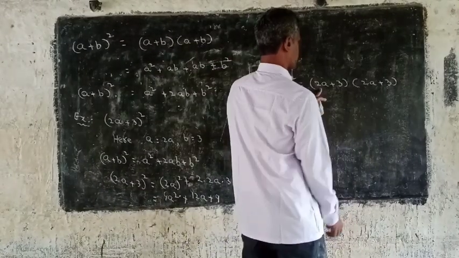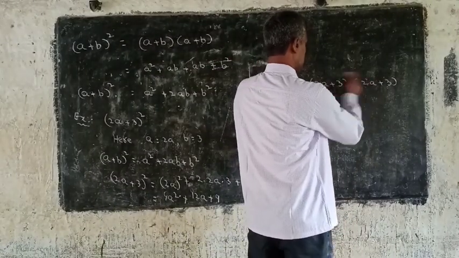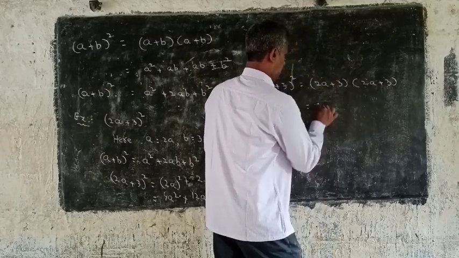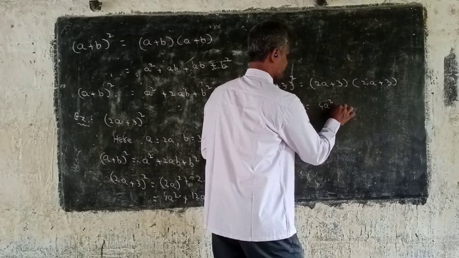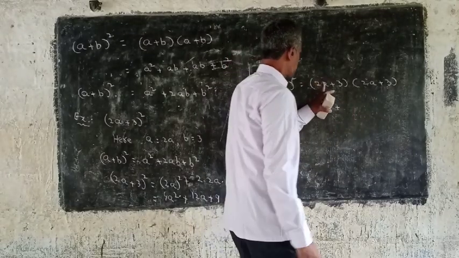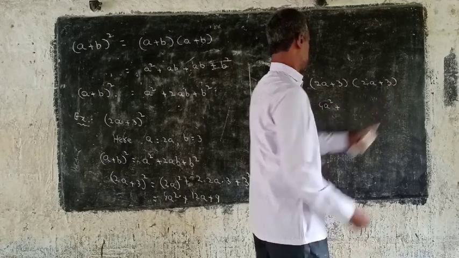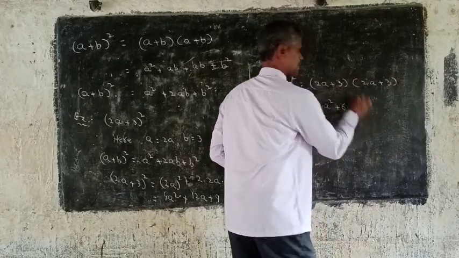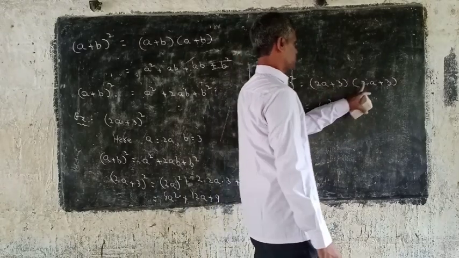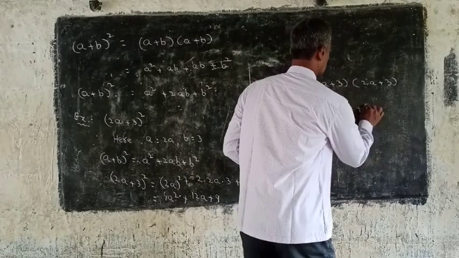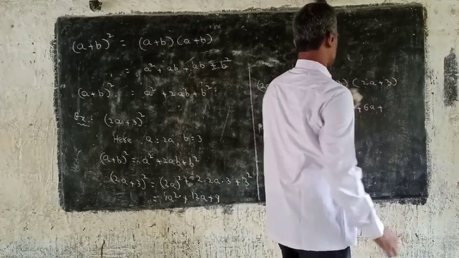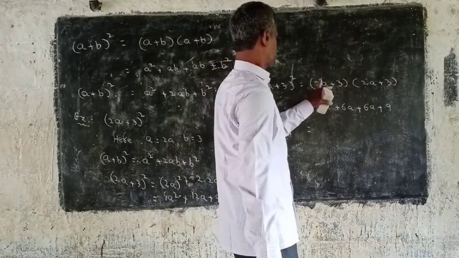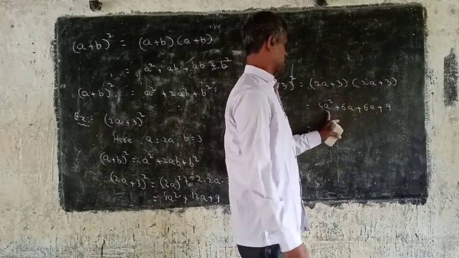First multiply 2a into 2a. 2 2s are 4, a into a, a square. 4a square plus 2a into 3. 3 2s are 6, 6 into a, 6a, plus again 3 into 2a is 6a, plus 3 3s are 9.